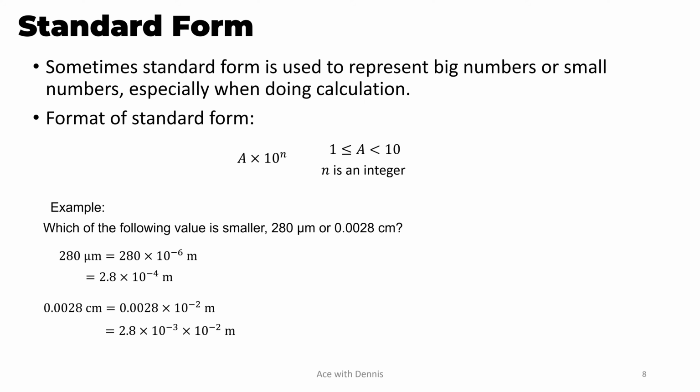Then it becomes 2.8 times 10 power negative 3. Combining 10 power negative 3 and 10 power negative 2, we get 2.8 times 10 power negative 5 meters. When you compare these two numbers, we find that 0.0028 centimeter is smaller.